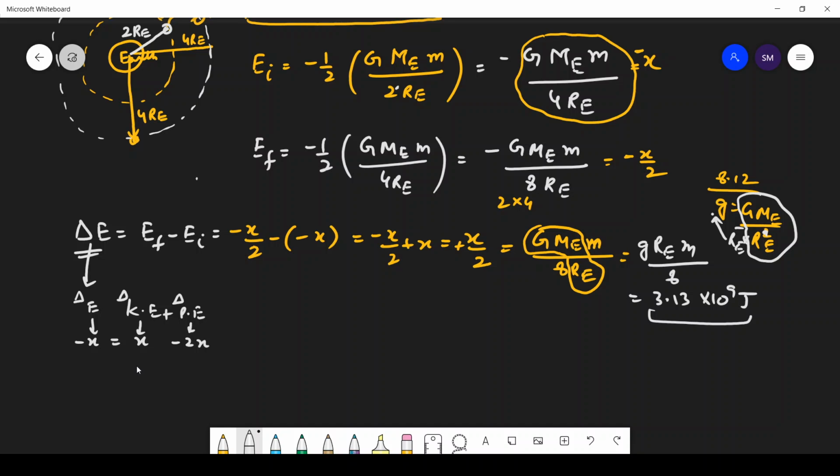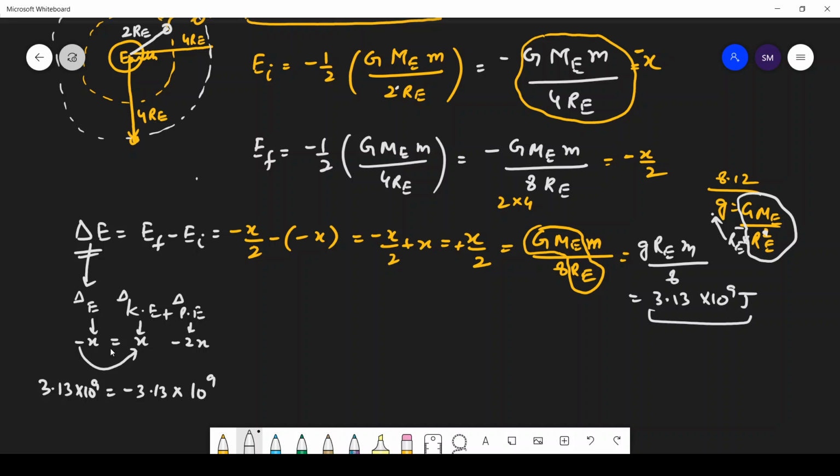Yes. Change in kinetic energy will be the negative of this, because the negative of minus x is plus x. So you have here 3.13 into 10 to the power 9. This is the change in energy. Change in kinetic energy is the negative of this, so minus 3.13 into 10 to the power 9.